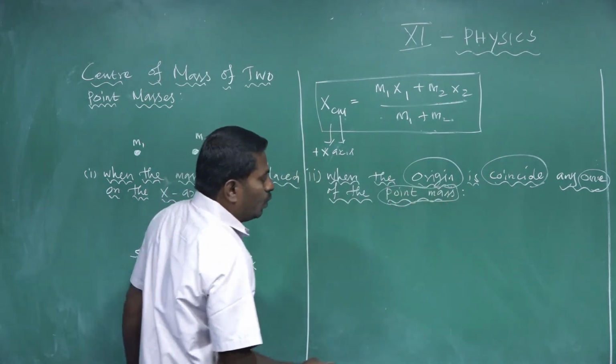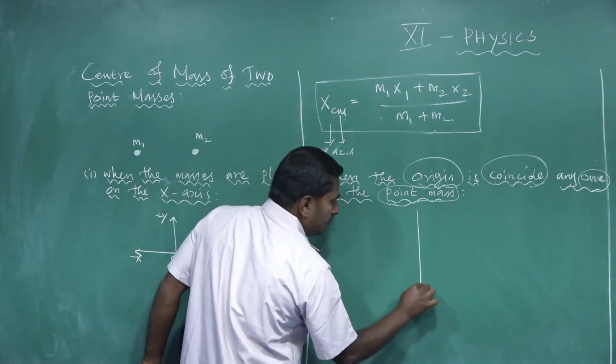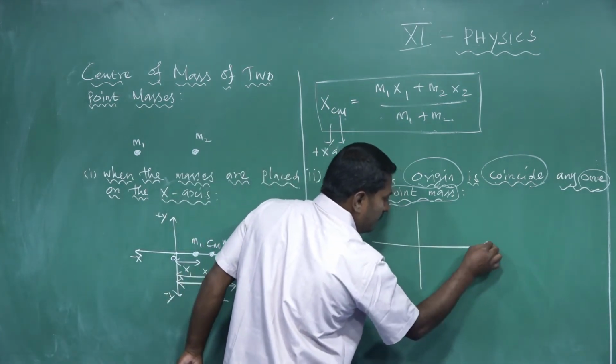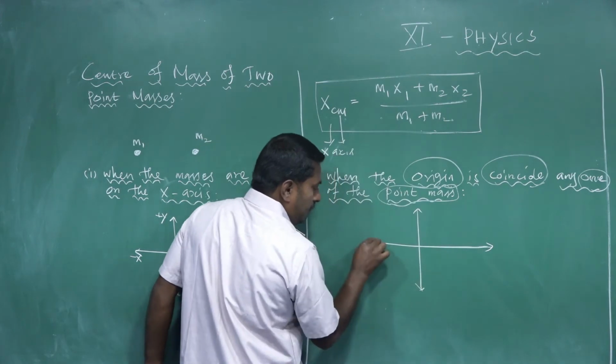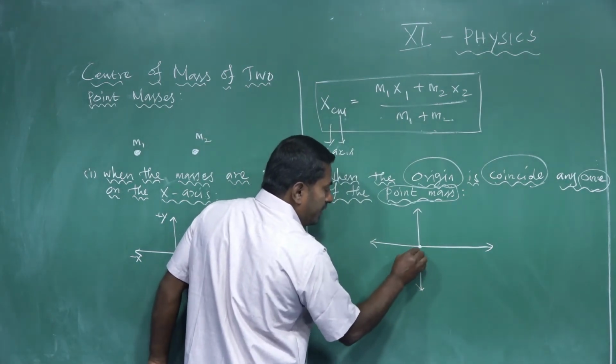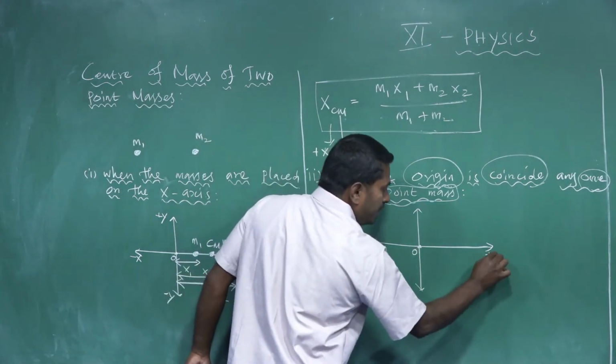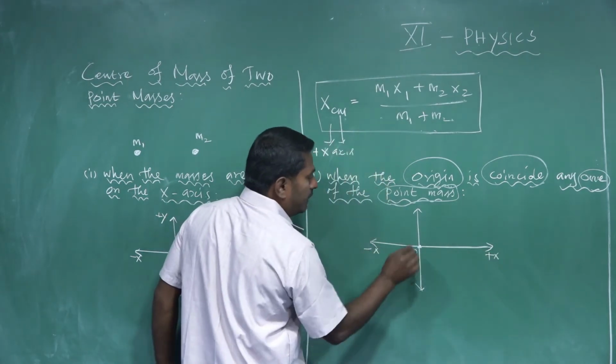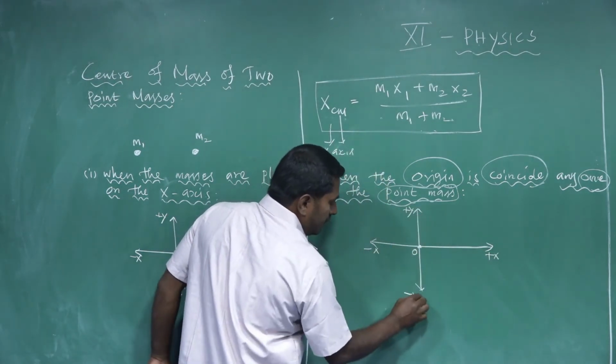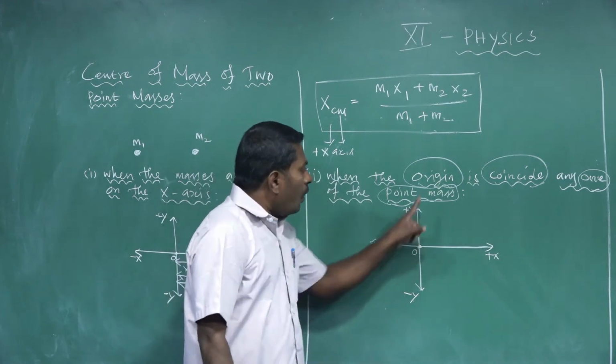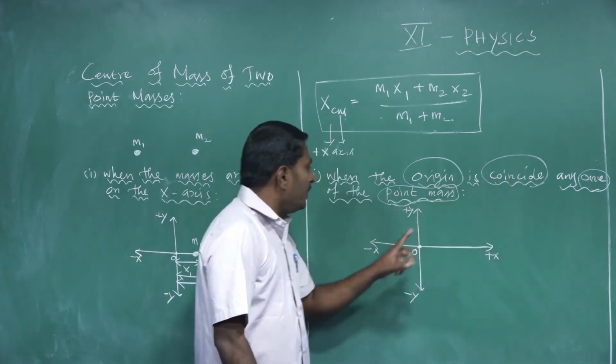See, the origin coincides with any one of the point masses. First we choose the coordinate system: origin of the coordinate system O, positive x-axis, negative x-axis, positive y-axis, negative y-axis. So the origin coincides with any one of the point masses.